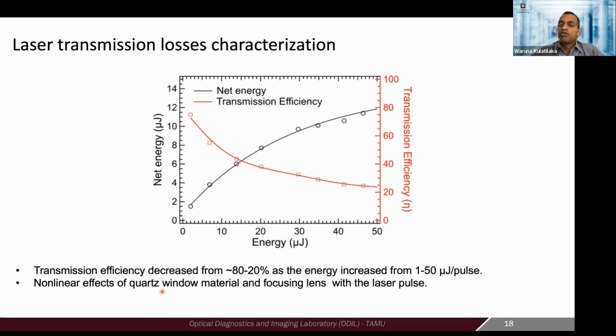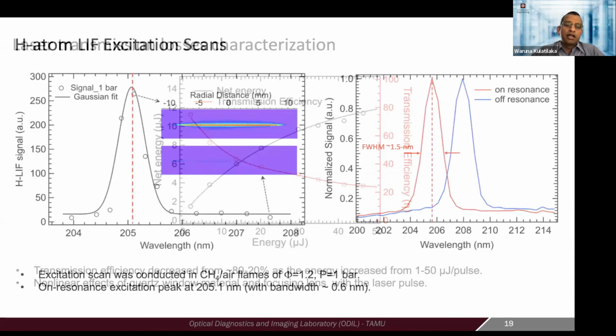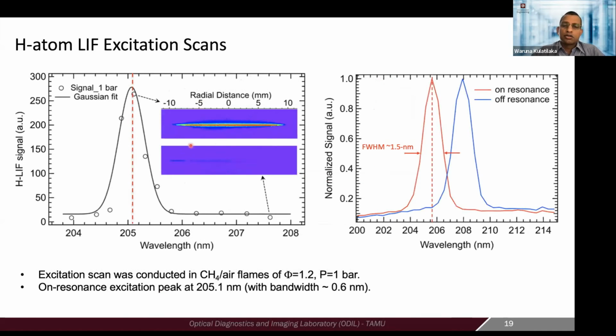The same goes for focusing lenses and other transmissive optics in your optical train, because the idea is to maximize the transmission and minimize the distortion of the characteristics of your laser pulse. Once it's all been said and done, we can start taking some images like this one.